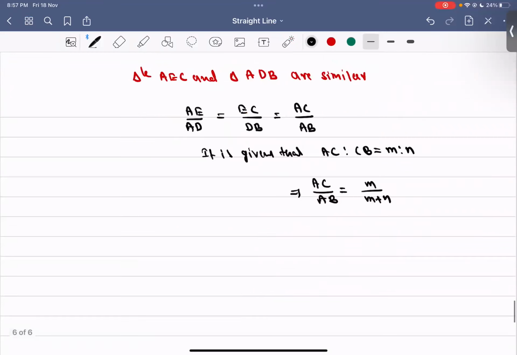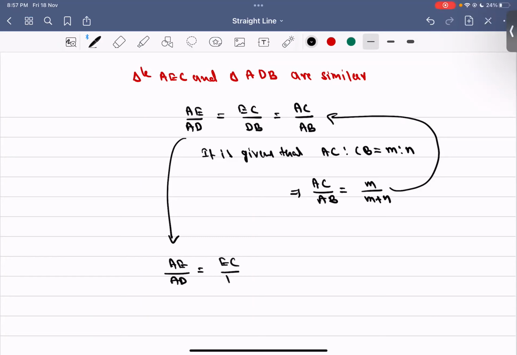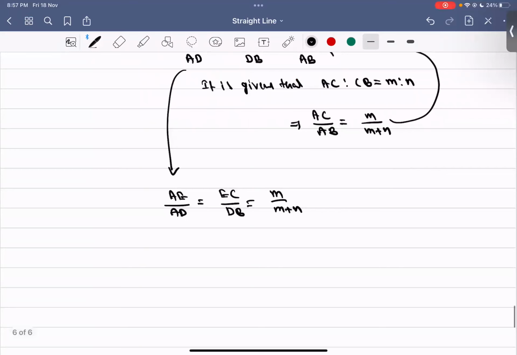Next. Now you put this one in this one. Then what you get from this one? AE by AD is equal to EC by DB is equal to m by m plus n.